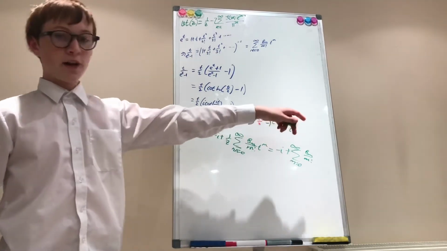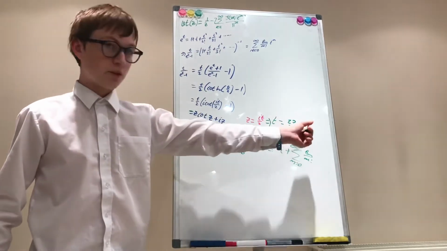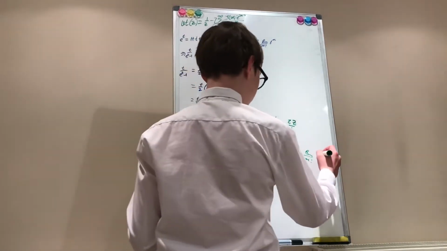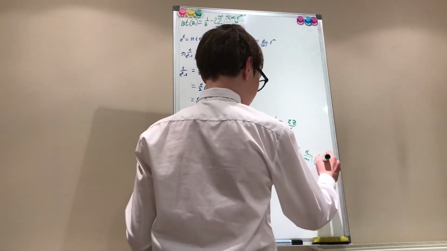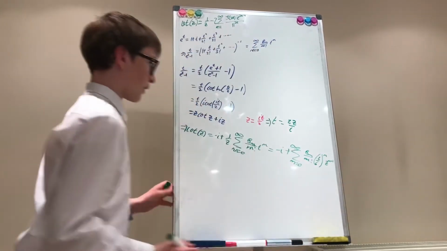Now this 2 over i to the m can stay, and 1 over z times z to the m is z to the m minus 1, so we keep our 2 over i to the m, and this is z to the m minus 1.